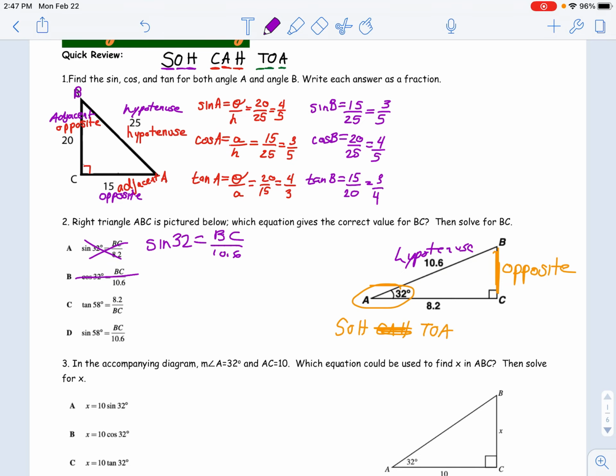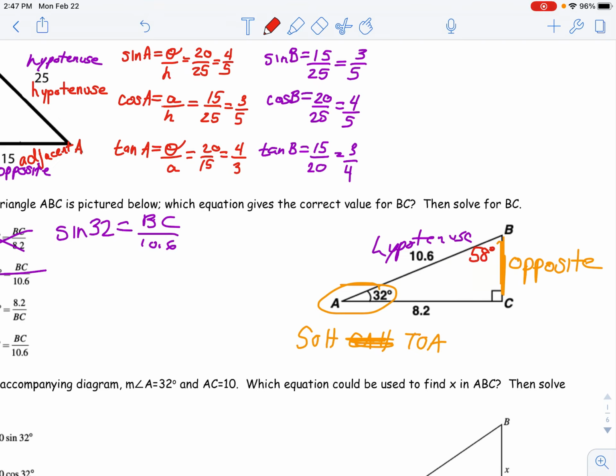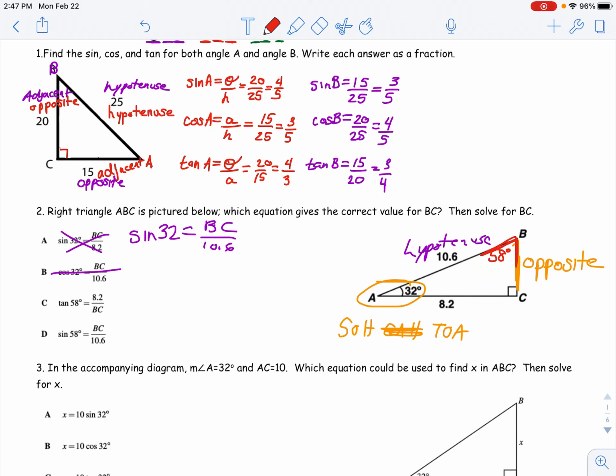Well, then tan 58. So hold on a second, people. Now it's saying, what's tan 58? Well, where's it getting 58 from? This angle has to be 58 degrees if the other one's 32, triangle sum theorem. So now we're investigating this angle. So this just became a lot harder. Now that's opposite, and the hypotenuse is still the hypotenuse.